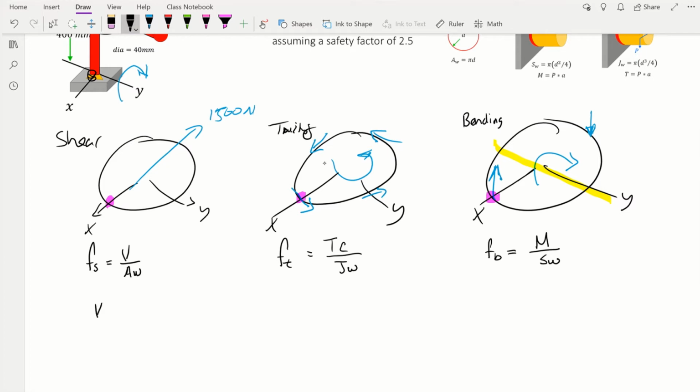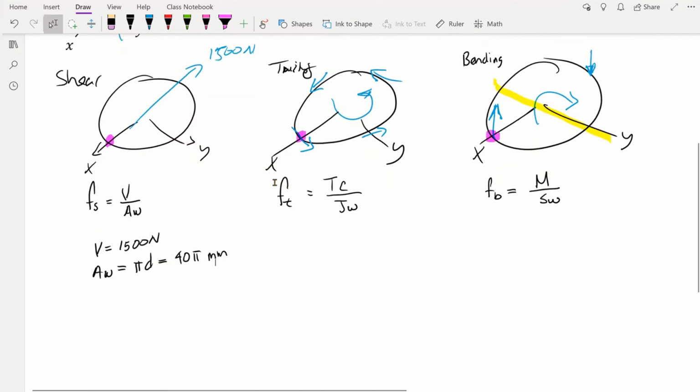So let's go ahead and substitute the values. In this case, the shear load is 1,500 newtons and AW is just pi times diameter. The diameter for this problem, it says over here, is 40 millimeters, right? So this is going to equal 40 times pi, and this is going to have units of millimeters, because the diameter is in millimeters.